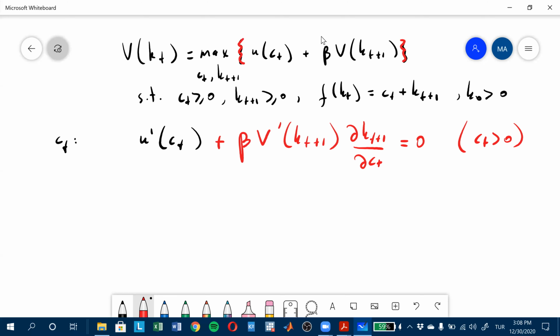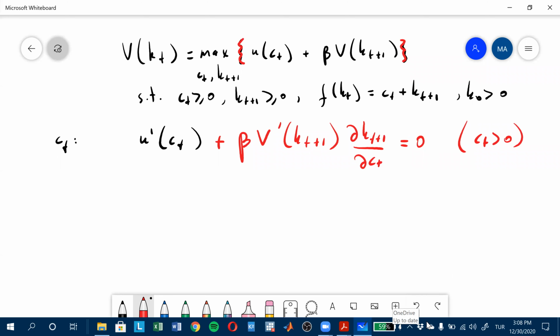In general, of course, there is a non-negativity constraint, so you have to write the full set, right? You have to write less than or equal to 0, then CT times this is equal to 0, then CT is greater than 0. But here I'm taking a shortcut.